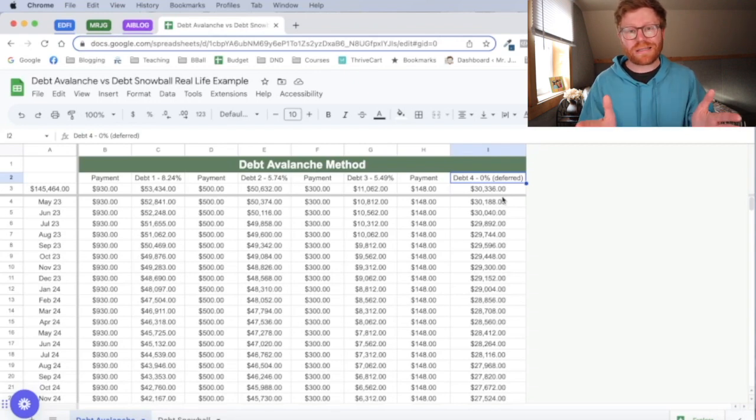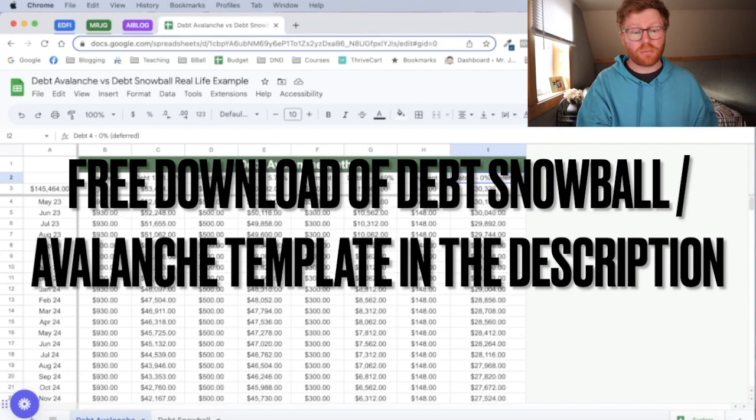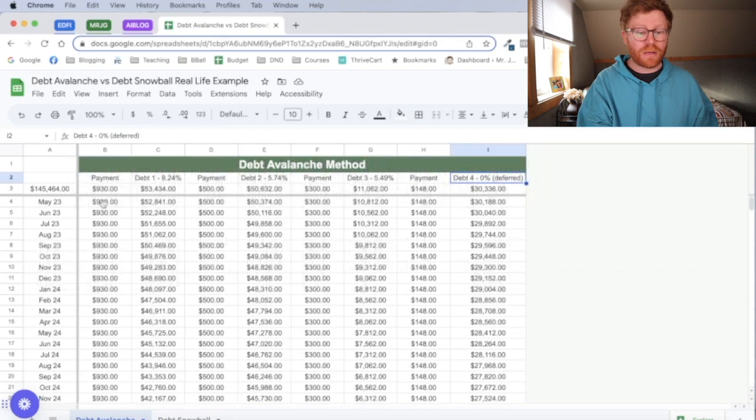So to keep things consistent across the board for both the debt avalanche and debt snowball, we're going to keep that at 0. And so the way I have this set up then, for each loan or each debt, I've got the payment to the left of it, and I've got formulas set up here to automatically calculate this stuff for us. And so in this first cell, we are taking our total amount owed, subtracting our minimum payment, and then adding in an approximate interest rate.